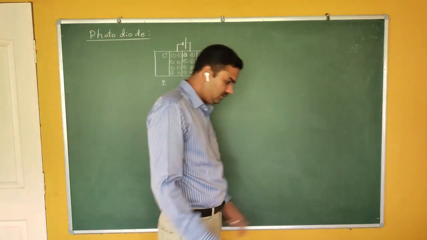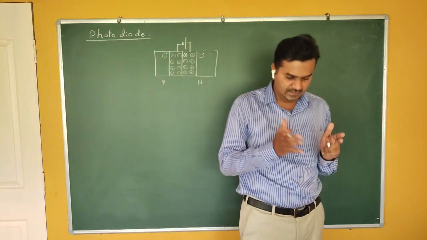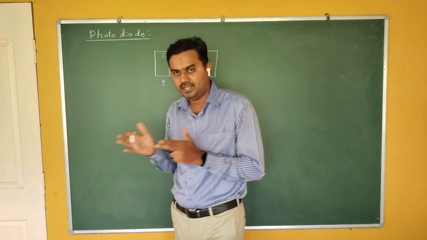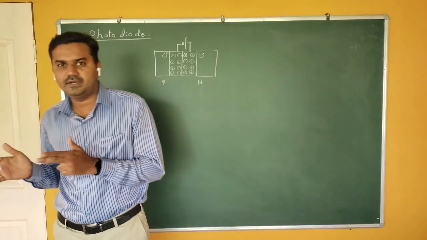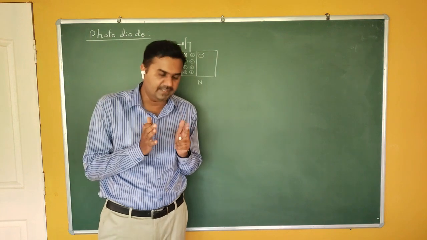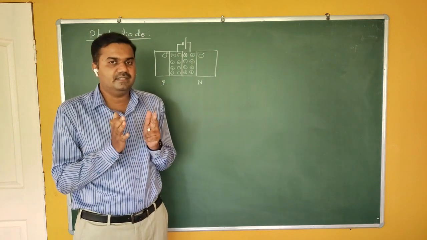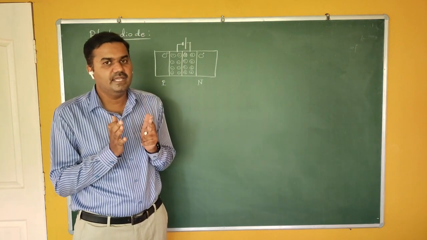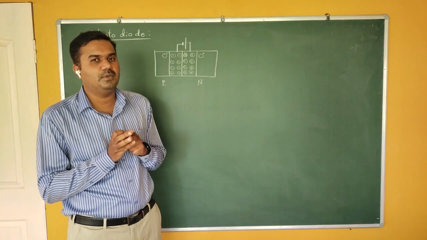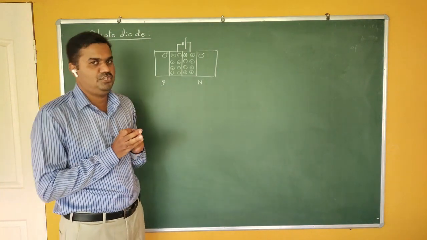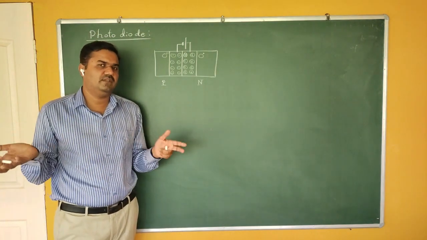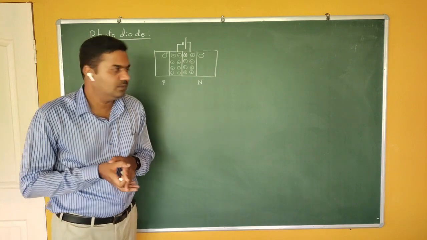The depletion region does not allow further movement of electrons, therefore we call it a barrier. In that barrier a potential is created, and we call it the barrier potential, 0.7 volts for silicon. We already know this data.